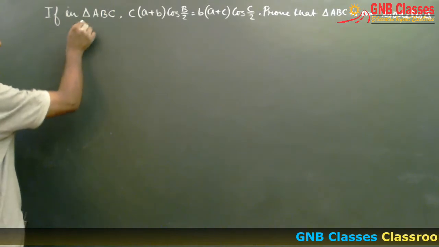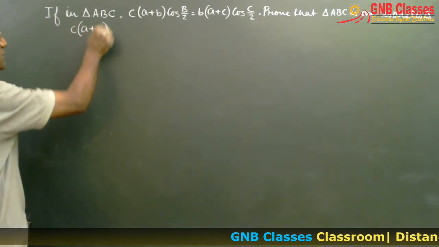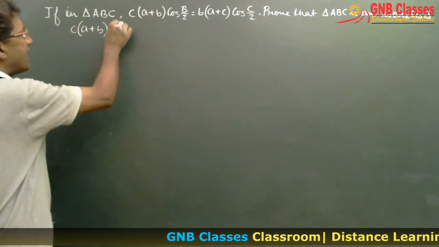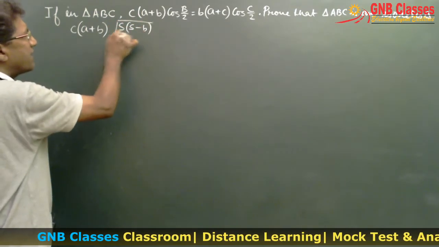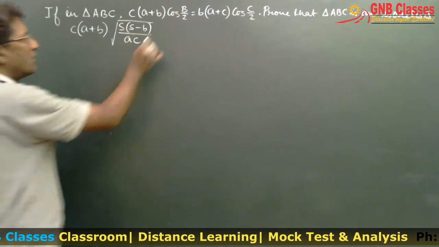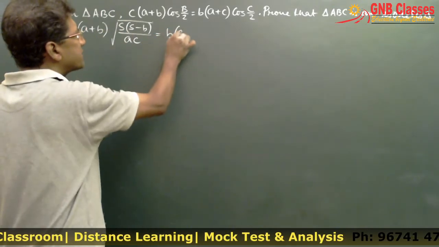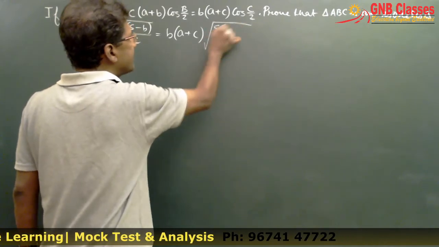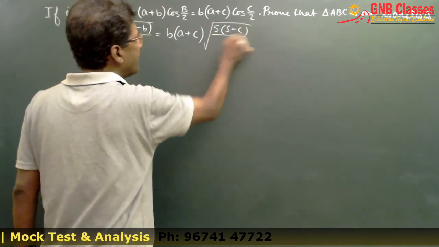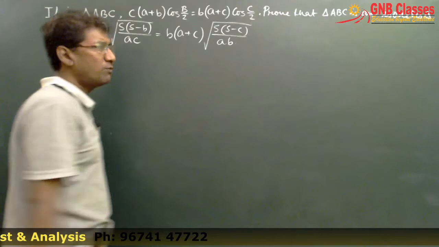See this one. c(a plus b) cos B by 2 can be written as under root s(s minus b) divided by ac, which equals b(a plus c) cos C by 2, which can be written as under root s(s minus c) divided by ab. Is it clear to all of you?